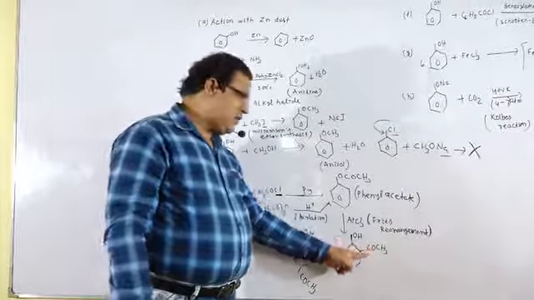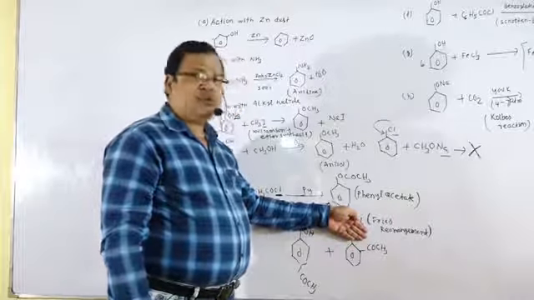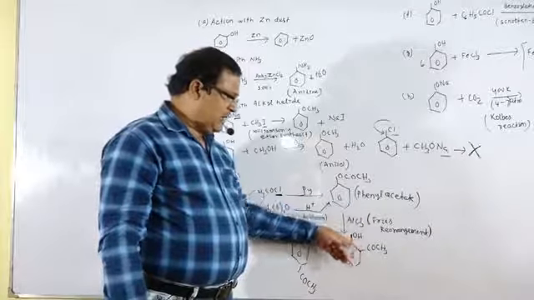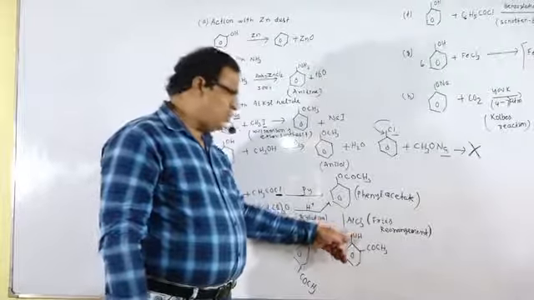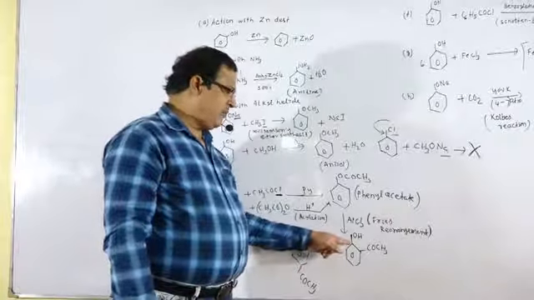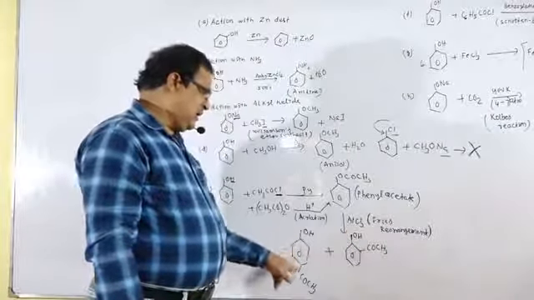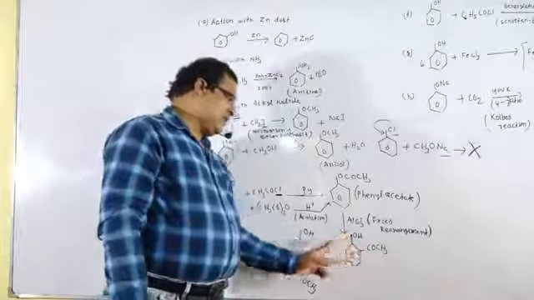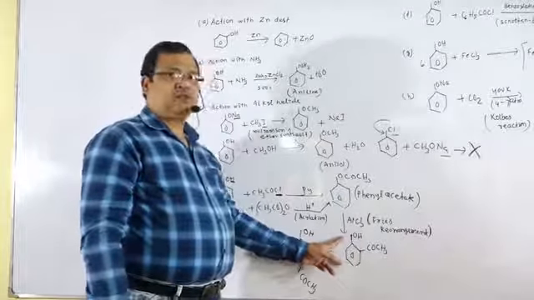Therefore the compound is named according to the COCH3 group, acetophenone, and at the ortho position there is an OH group. Therefore it is known as orthohydroxy acetophenone, and this is parahydroxy acetophenone. But the major product is the ortho product.